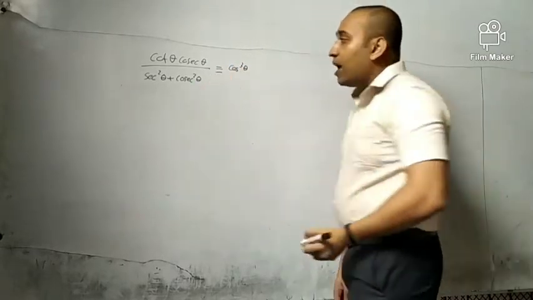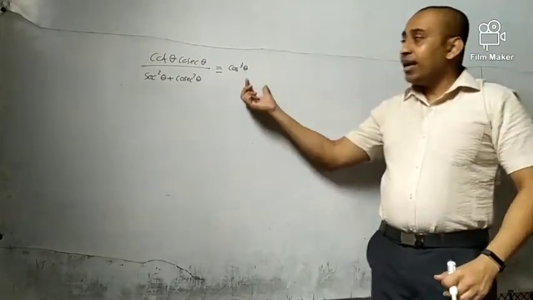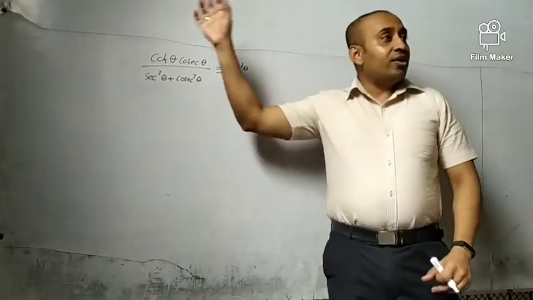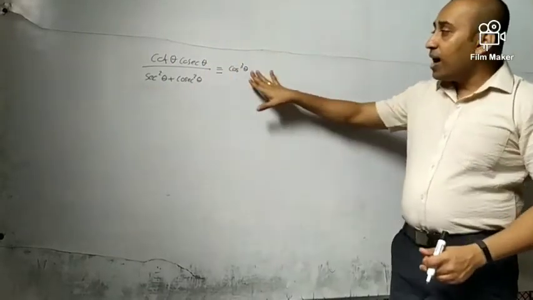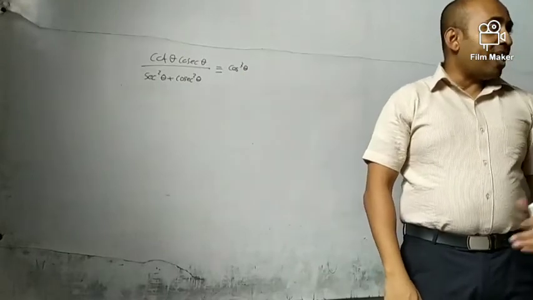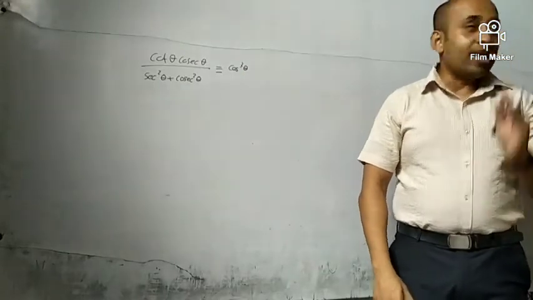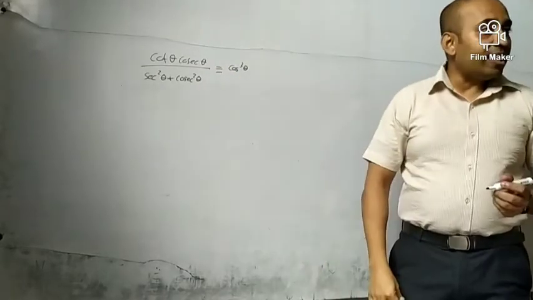Right. Then how they are supposed to do it is, you can understand that proving from this side is easy because, like always, you have to start from the side with the more number of expressions, and when you look at the final answer you can understand that it is in the basic angles, sine and cos. Therefore it's better to write all of these expressions in terms of sine and cos.